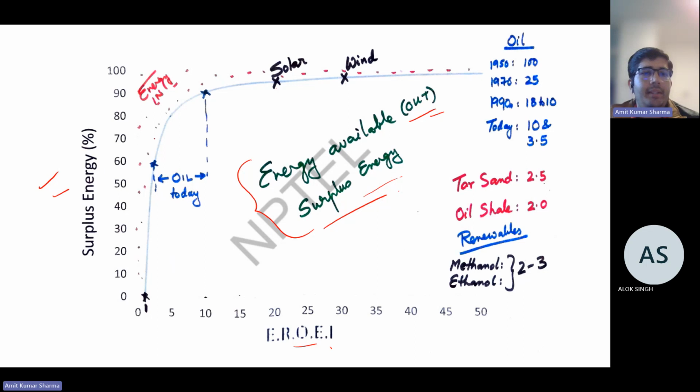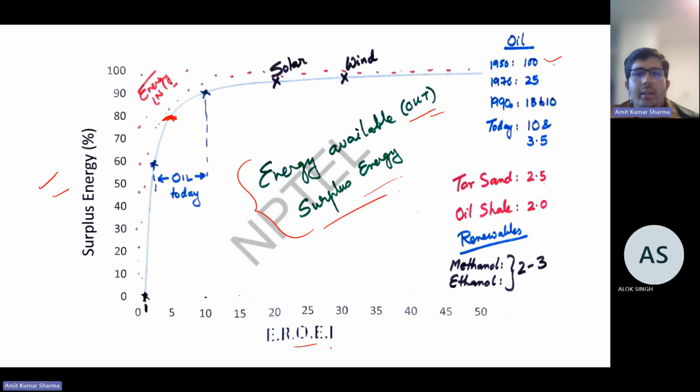Okay, as compared to the oil, because if you see after this point, there is a sharp decrease in the surplus energy and EROI. For oil, in the 1950s, the EROI was 100, because the oil was easily available.